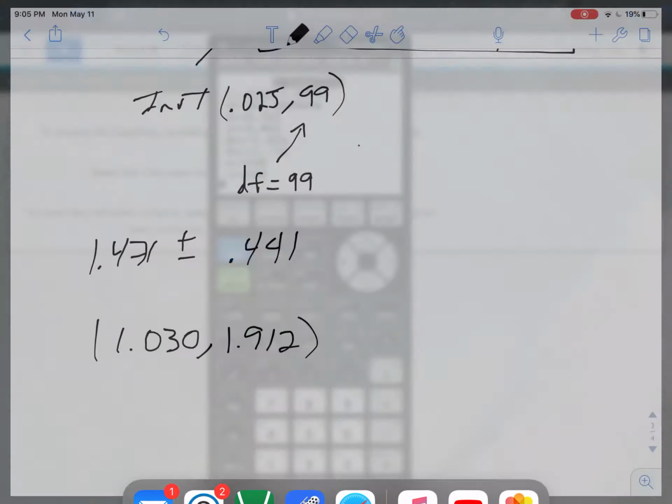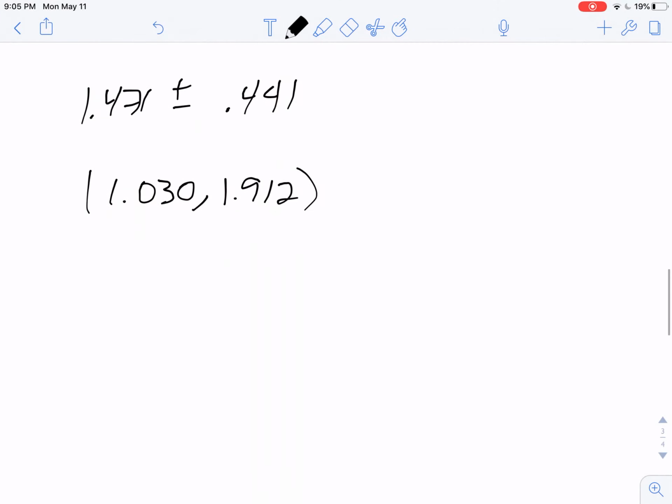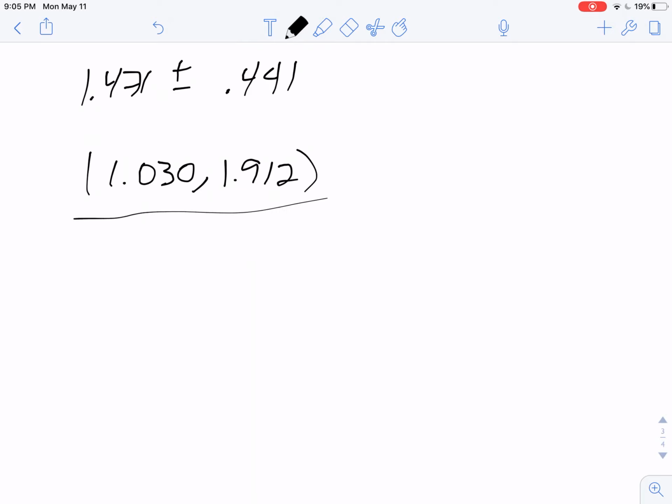All right, so if I head back to Notability here, so again, that's my interval. So now my last step is I'm going to interpret that.